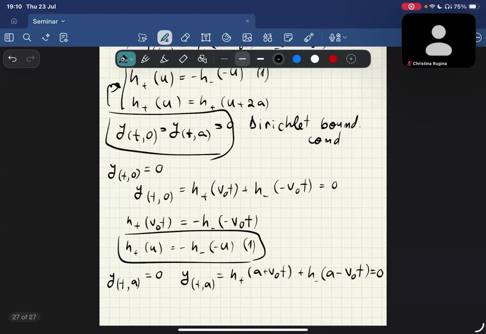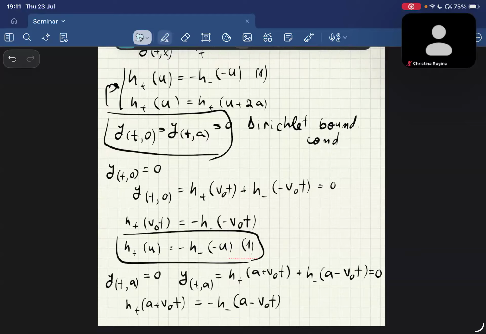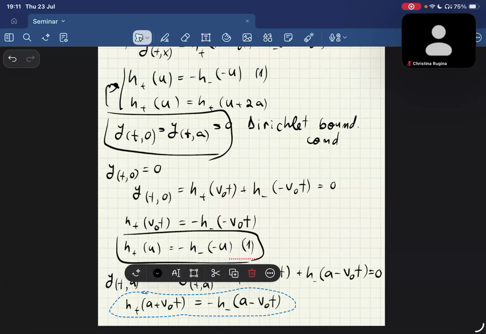Okay, now we do the same thing we did earlier by separating the parts. H plus of a plus v0t is equal to minus h minus of a minus v0t. Okay, great. Let me copy this. So we have, okay.